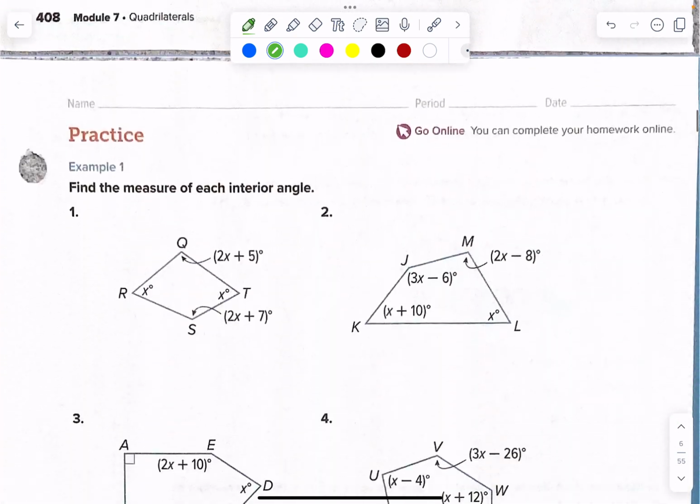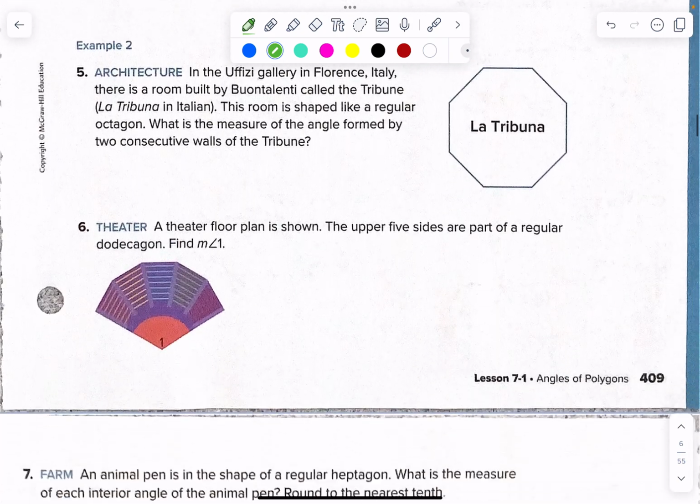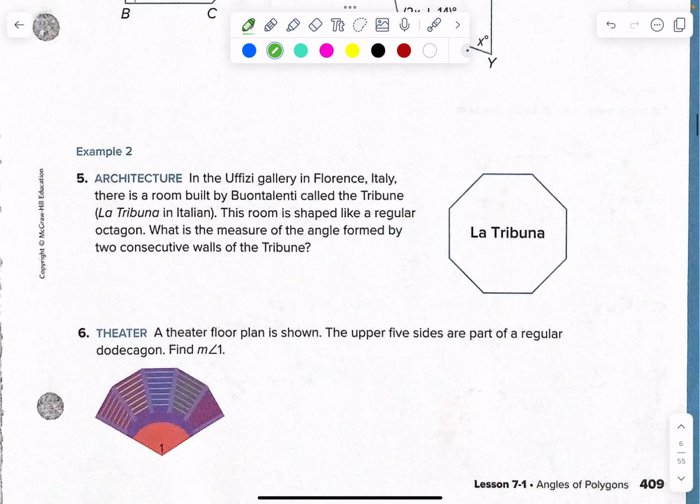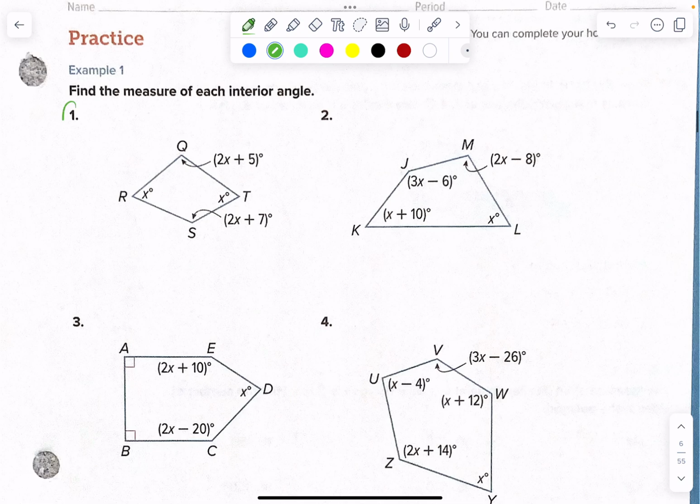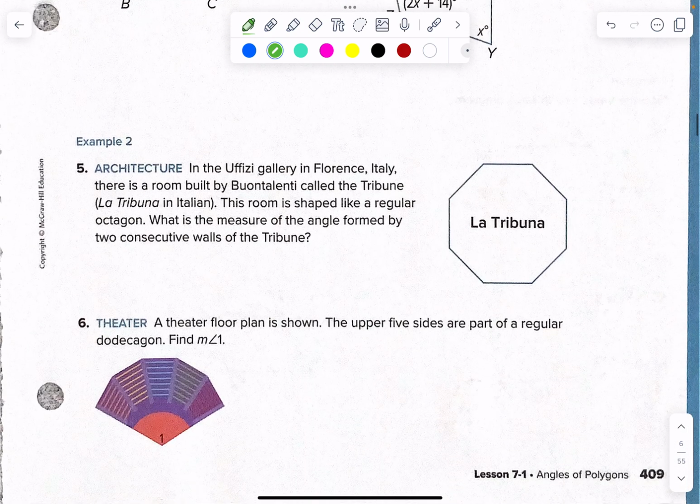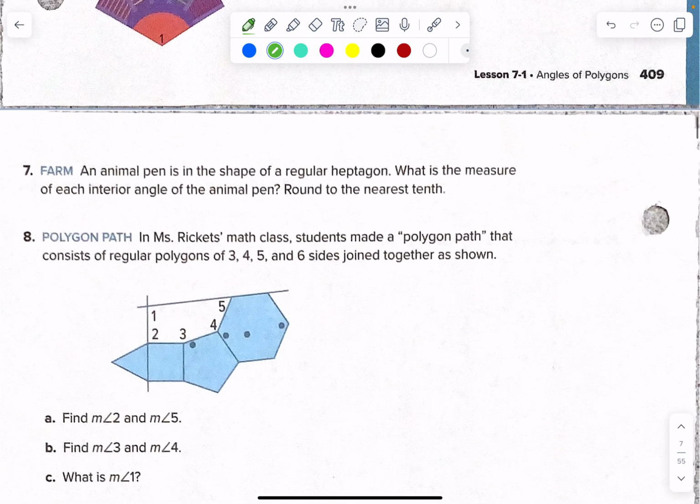Okay, on the homework. Oh, I didn't say which ones to do. Let's do 1 through 4. I will try number 6. 6 looks kind of interesting.